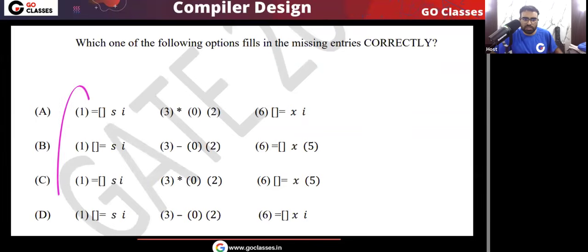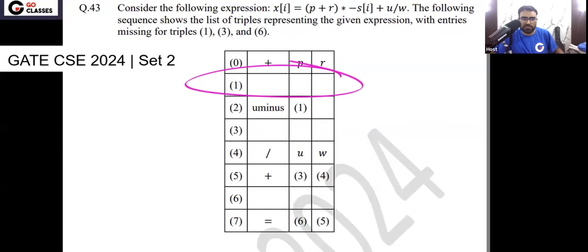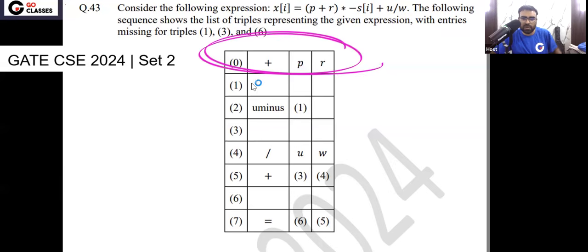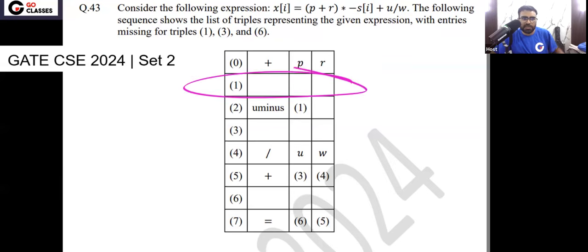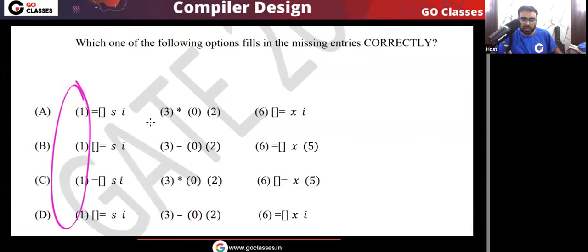Remember, the positions start from 0. So when I say triple one, or the first triple, it is actually this one, and this is triple number 0. So you can easily see what the missing entries are, corresponding to position 1, position 3, and position 6.